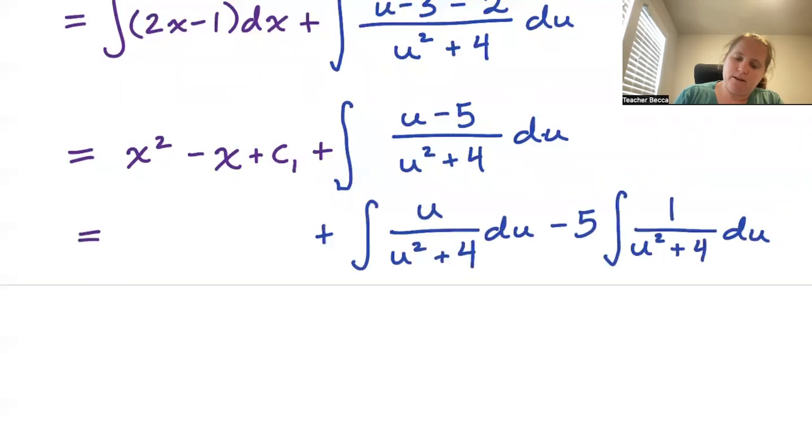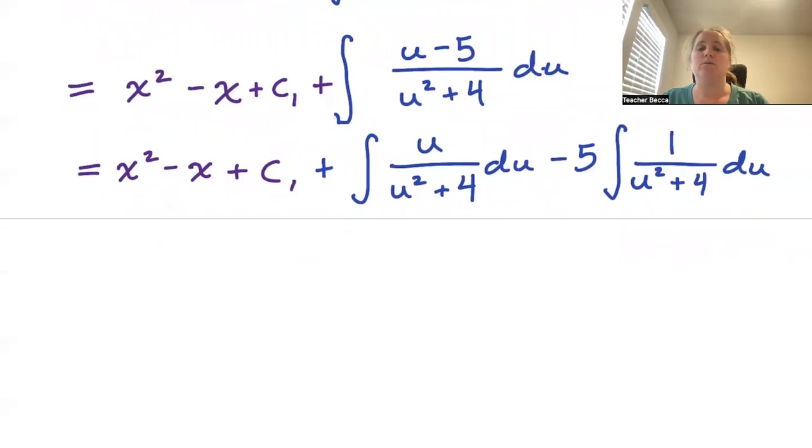So we are looking at x squared minus x plus c1 plus the integral of u over u squared plus 4 du minus 5 times the integral of 1 over u squared plus 4 du. This integral u over u squared plus 4 du again lends itself towards u substitution.